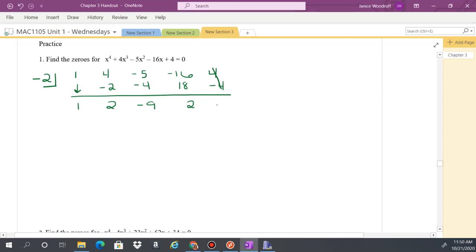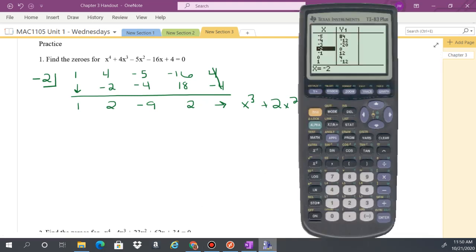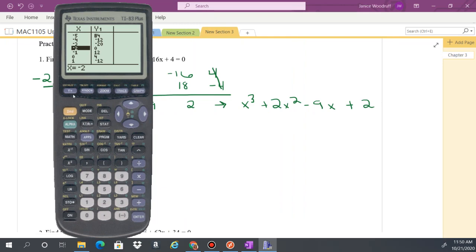So next function I'm looking at is 1x cubed, one degree down, plus 2x squared minus 9x plus 2. Okay, so let's go ahead and put that in. Find another zero. So x cubed plus 2x squared minus 9x plus 2.